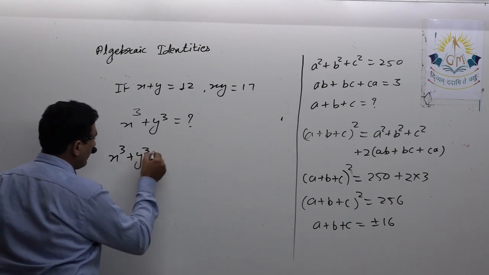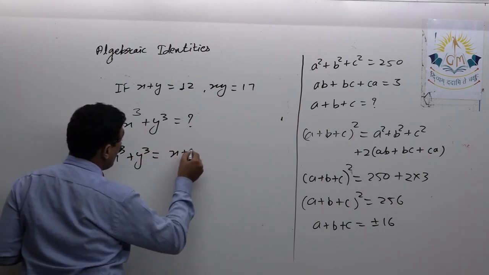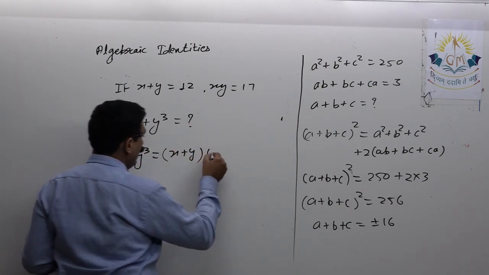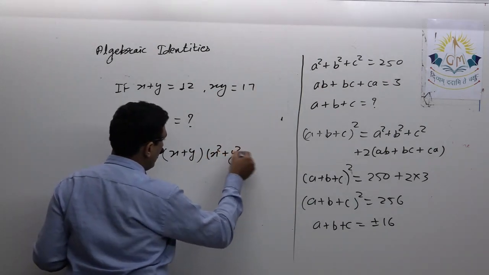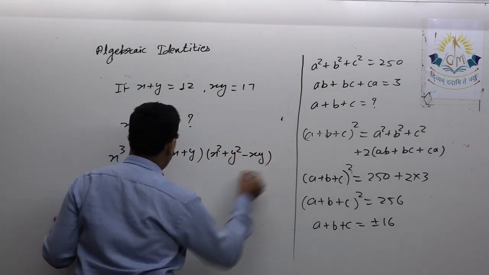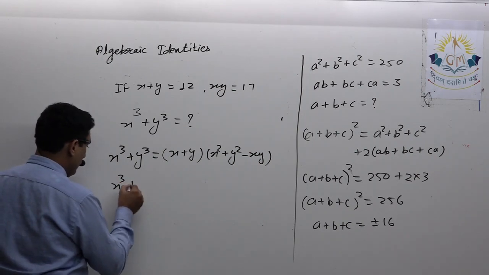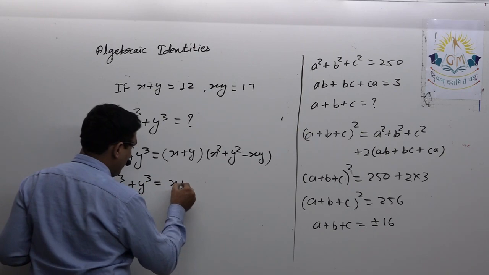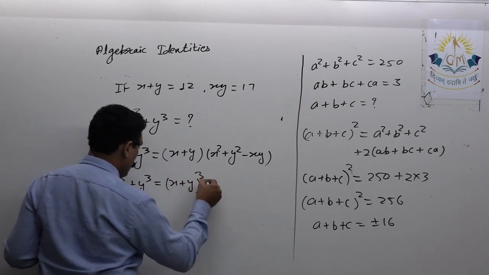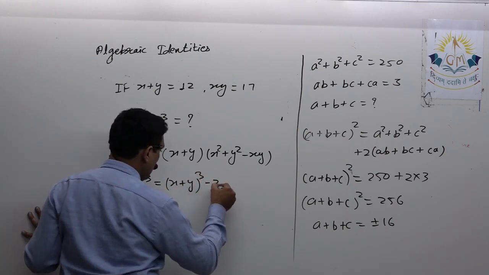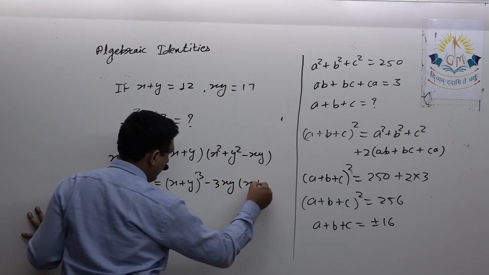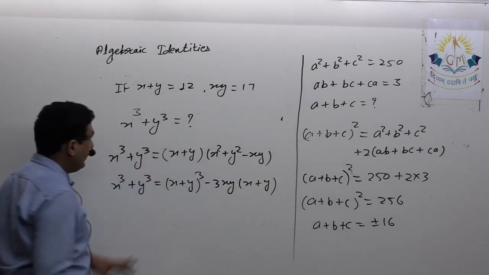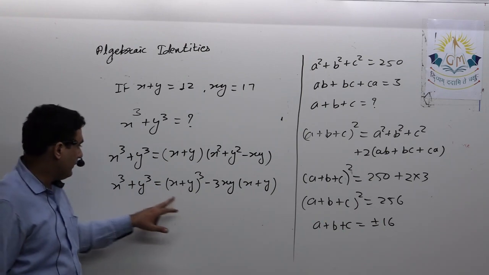Now x cube plus y cube is x plus y times x square plus y square minus xy. There is one more formula, that is x plus y whole cube minus 3xy into x plus y. If I use this second formula, it is very easy.